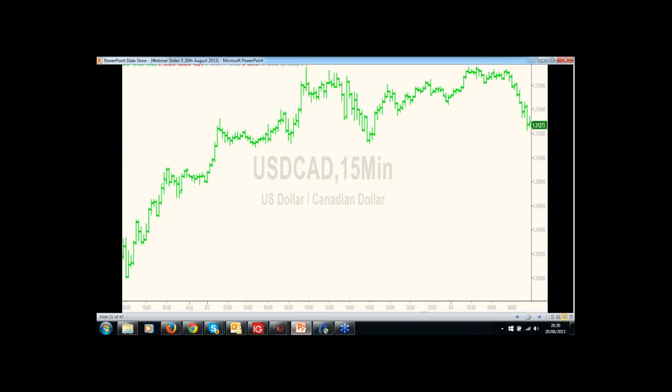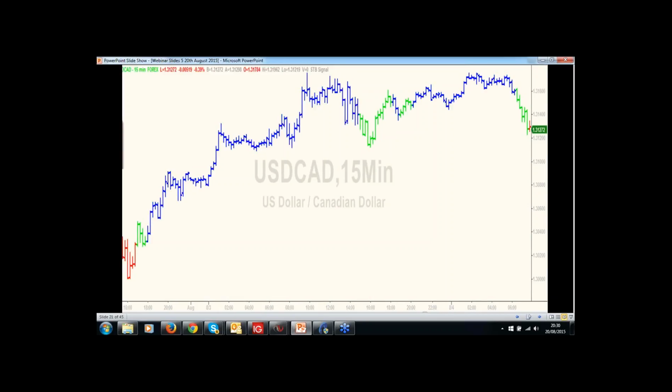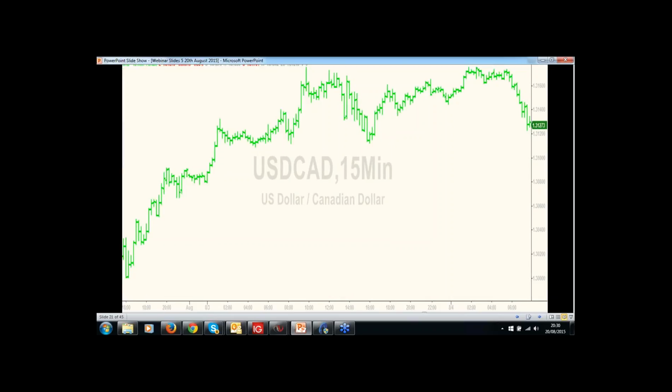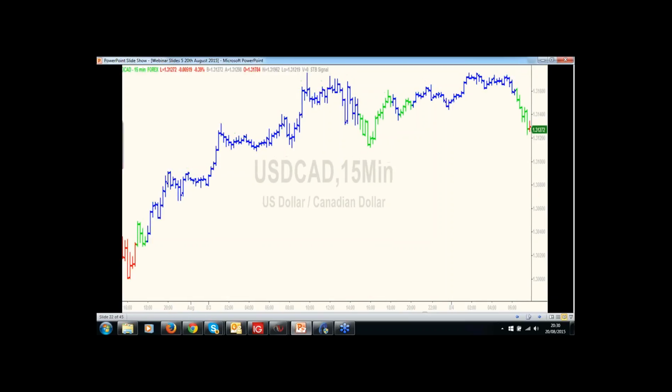But on the next chart, it's exactly the same chart on the same time frame, but with the indicator on. Now, do you see where it makes it more defined, where the buying pressure comes into that market compared to the chart with nothing?